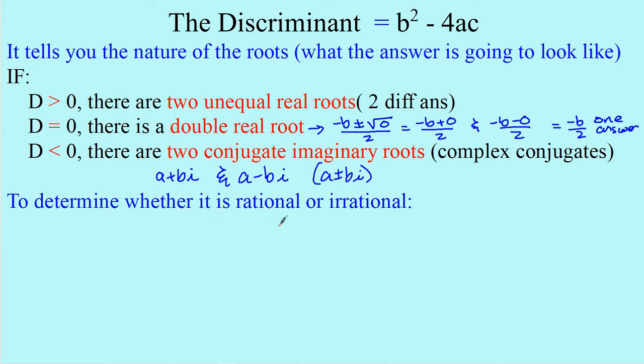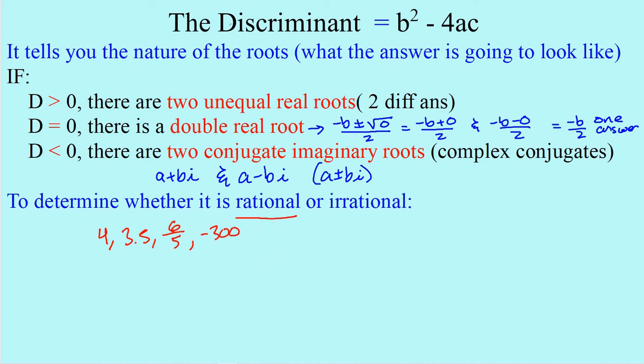Okay? How do we determine if it's rational or irrational? Well, a rational number is numbers like 4 and 3.5 and 6/5. Things like that. Okay? Negative 300.